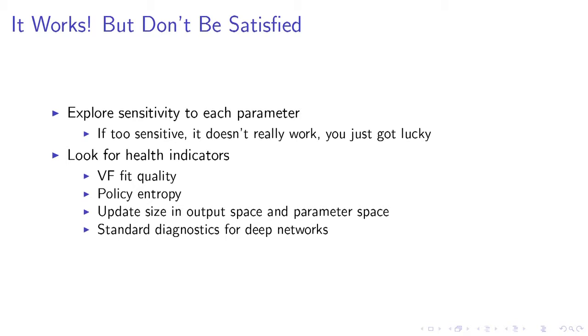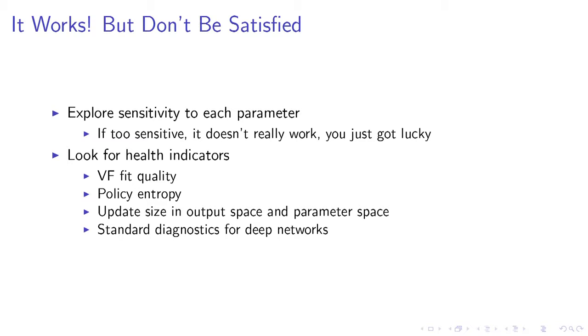Actually, I'm going to talk about more of these diagnostics a little later, but there are some indicators that'll tell you whether your algorithm is working, besides just looking at the final performance. Look for other indicators that are going to tell you that your optimization process is healthy.